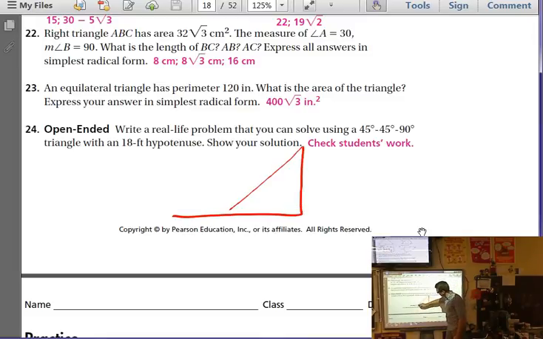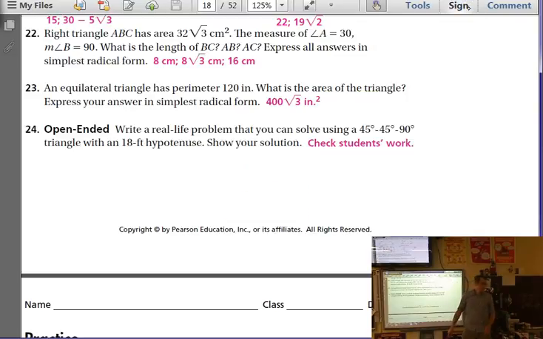If we had an 18-foot hypotenuse, let's say an 18-foot rope tied to the top of the tree, and I know that I'm making a 45-degree angle with the ground and the rope, how tall is the tree? That sort of question. That would not be that tall of a tree. If we were talking 18 yards, that might be a tall enough tree that I start to get worried.